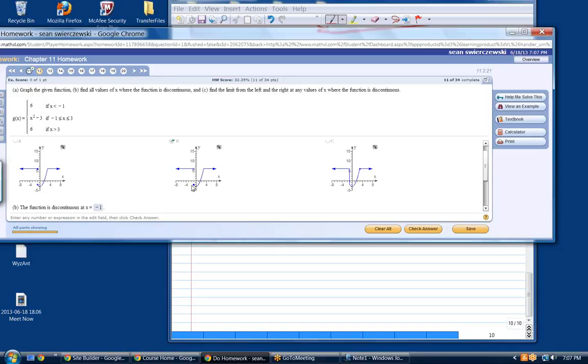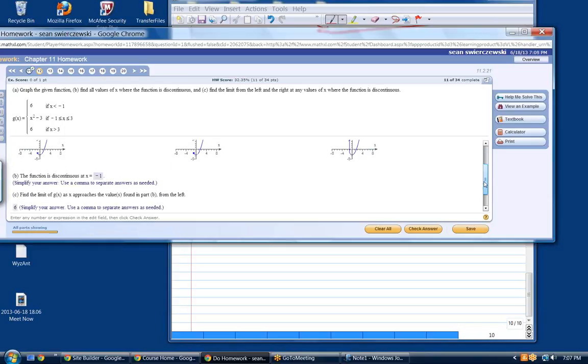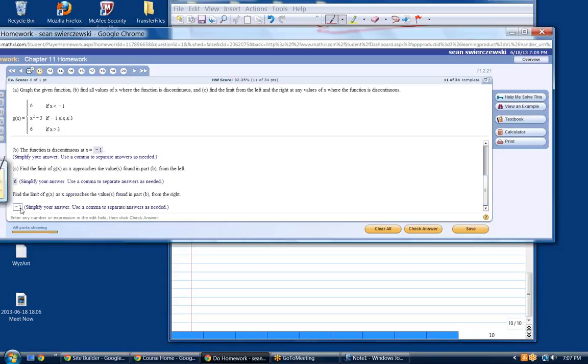If I put my cursor right on that point, and I can do that because it's a closed dot, what's the y value at that point? It's -2. If I plug in -1 for x, I get 1 minus 3, which is -2. I just looked at it wrong the first time.